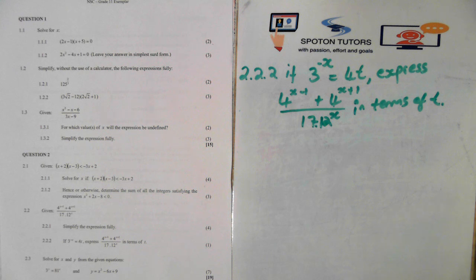They're saying here, if 3 to the power of minus x is equal to 40, express this in terms of t. What does the examiner really want here? The examiner only wants one thing here, and one thing only.